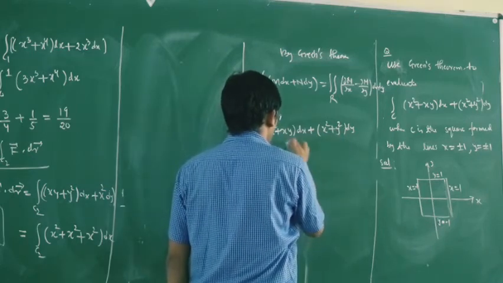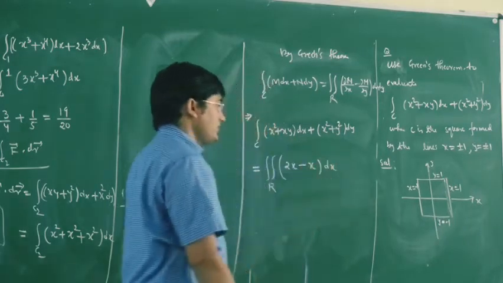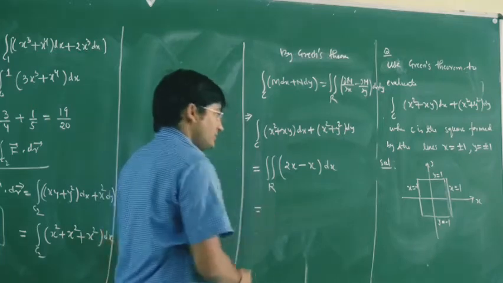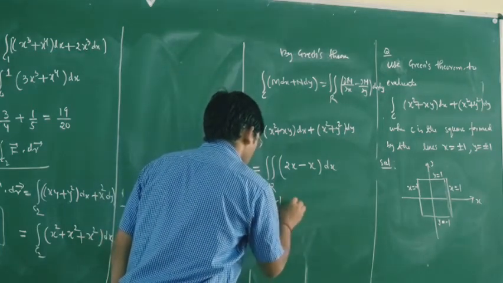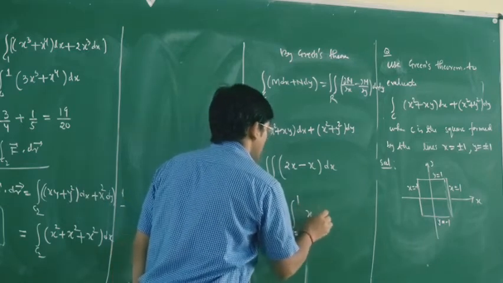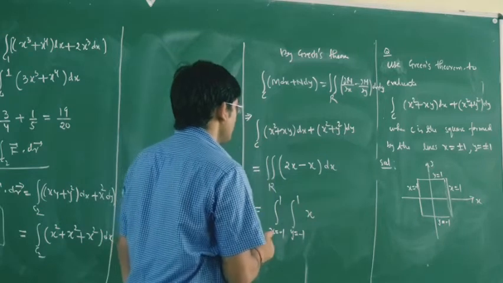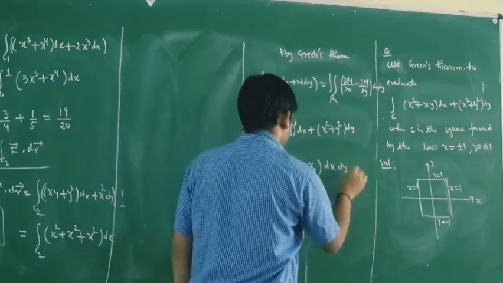So the integration with respect to y will give you x. So this is simply x, and the limits, your x is varying from minus 1 to 1, your y is varying from minus 1 to 1, and in the bracket we have x dx dy.